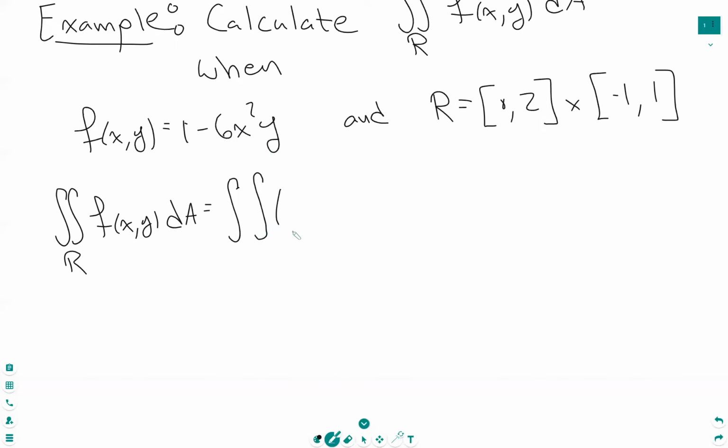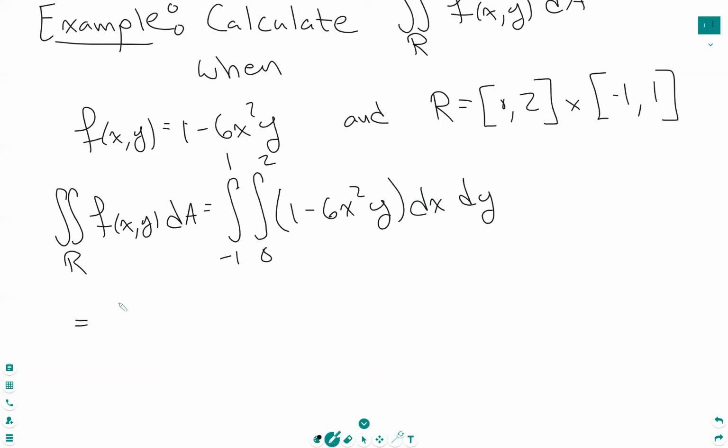I have my integrand, 1 minus 6x squared times y. I'm going to do the orientation dx dy. This is arbitrary. We could have done either way. But I have to make sure that my bounds are correct. So in the x direction, I'm going from 0 to 2. And later I'm doing the y, which is negative 1 to 1.